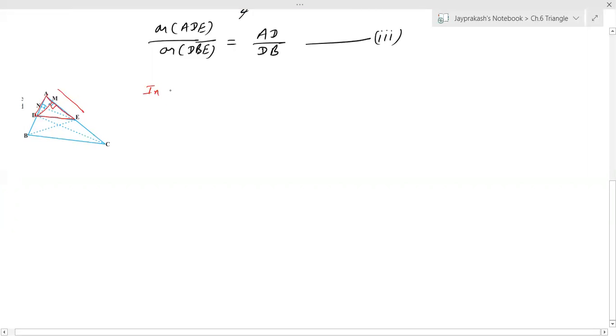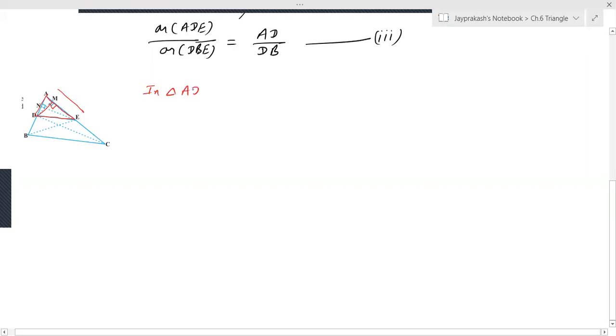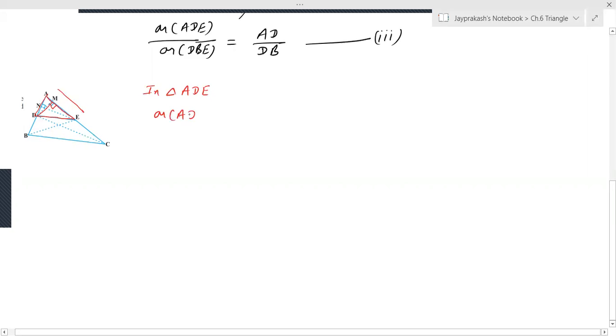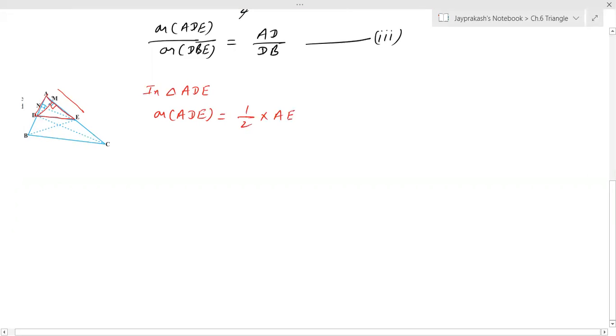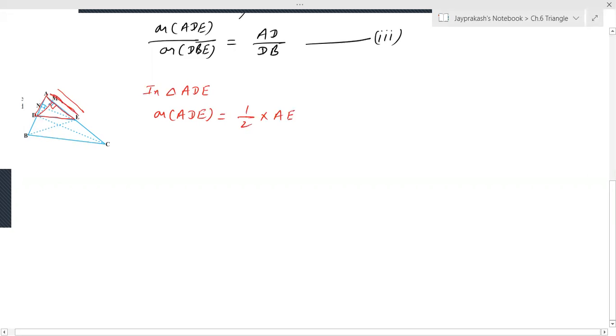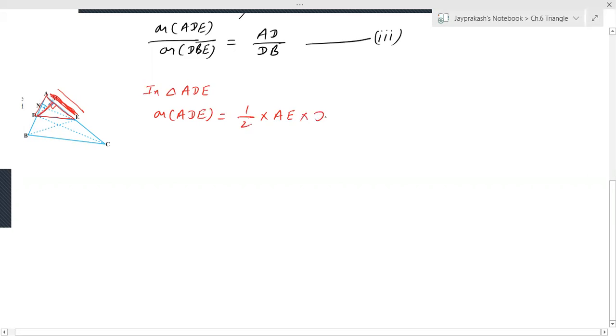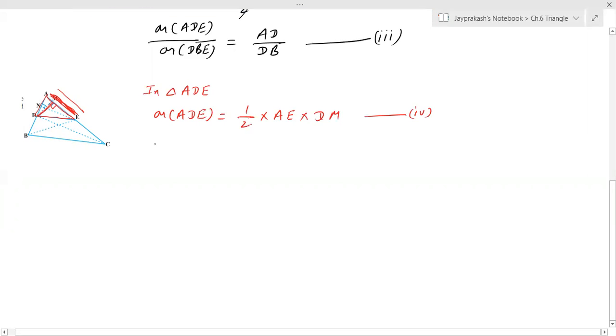So we will write, in triangle ADE, area of ADE is equal to half, base is AE, this one is the base, and the height on this base is from D to M. So we will write here DM. So give it equation number 4.